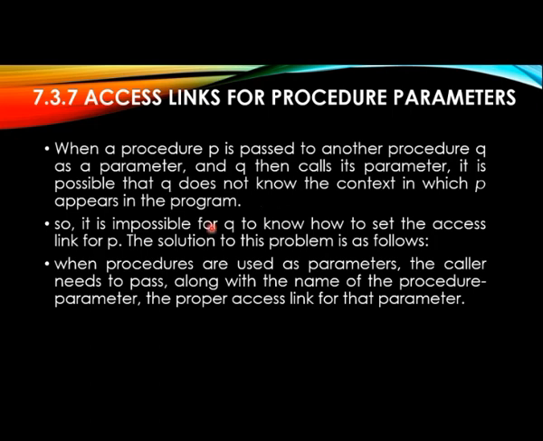So procedure P is passed as a parameter to procedure Q, and Q doesn't know how to set the activation record for procedure P. To solve this problem we use a simple approach: whenever procedures are used as parameters, the caller function can call that parameter by its parameter name.